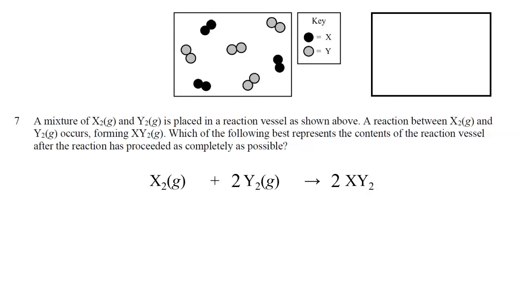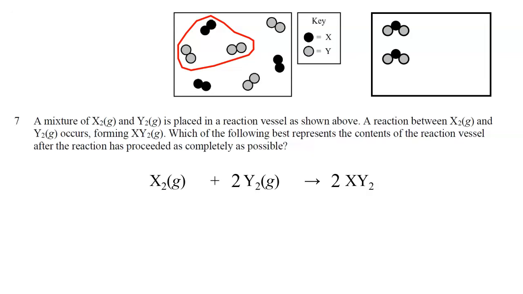So we know from the balanced equation that one molecule of X2, represented by the black circles, reacts with 2 molecules of Y2, represented by the gray circles. And you can see I've drawn a circle around that set of reactants, and it produces 2 molecules of XY2, which I'm showing in the particle diagram in the upper right corner of this slide.